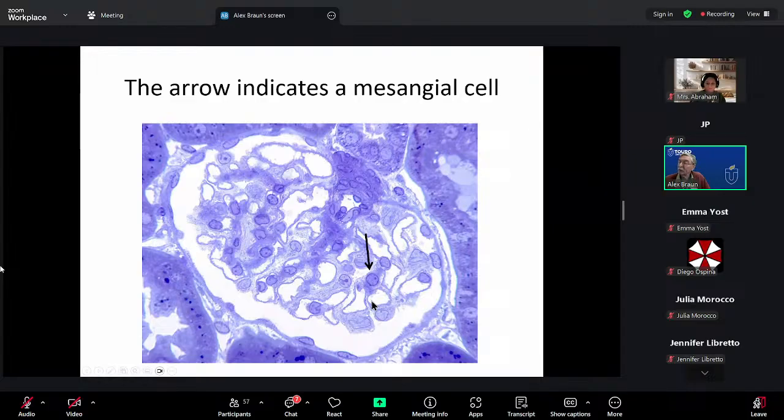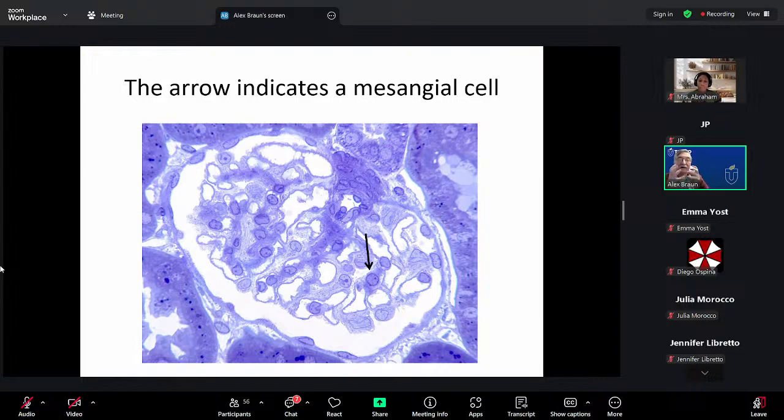So here's a capillary loop, here's a capillary loop, here's a capillary loop. Even here, perhaps, you see this kind of ring of capillary loops, and there's an interstitial space between the capillary loops.